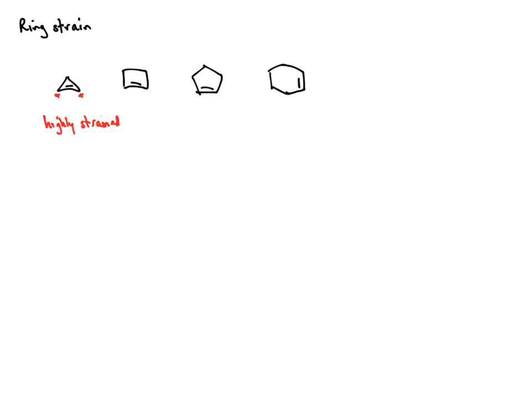But the cyclopentene and the cyclohexene don't suffer from this kind of angle strain, even though there are a little fewer degrees of freedom for these molecules. There isn't quite as much ring strain for these molecules because they're slightly larger.